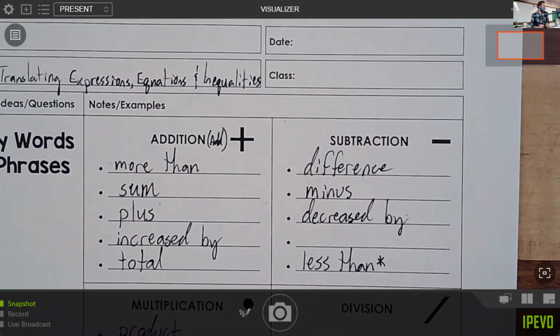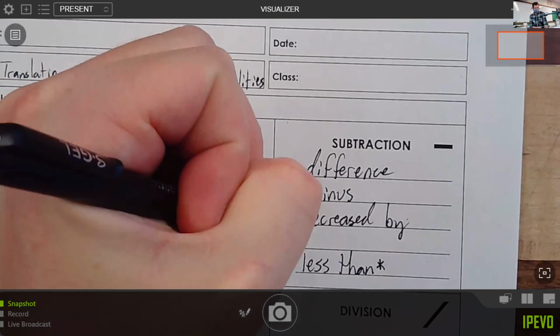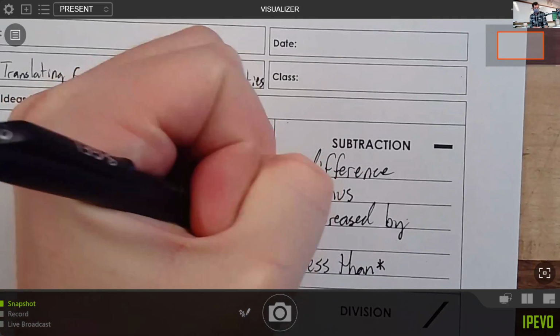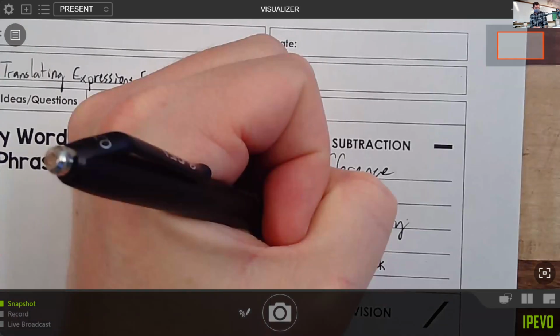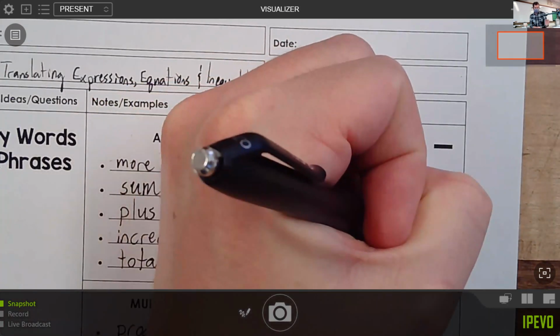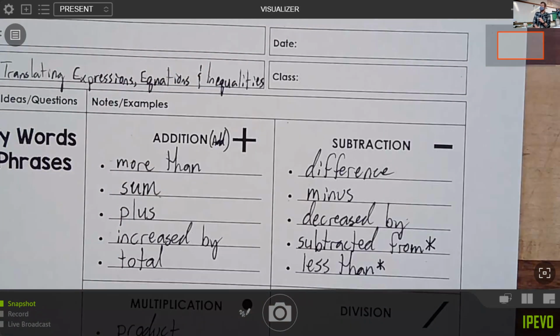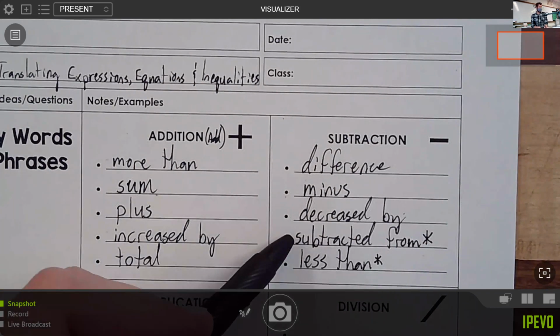And then the other one isn't really going to be an opposite of one of these. We're going to say subtracted from. That one's going to have an asterisk as well because it means subtraction for sure, but it's a very specific way that it has to be written when you see subtracted from and when you see less than.